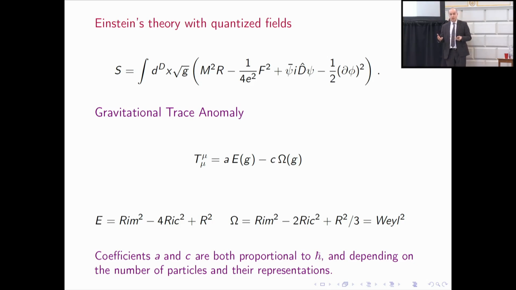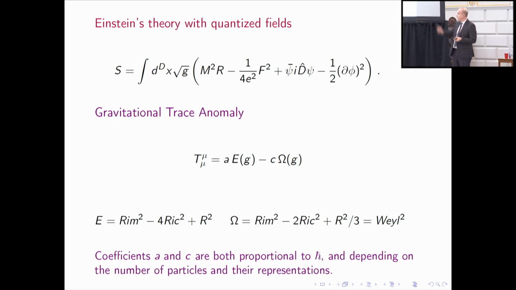However, once you go into the loop calculation, you will discover that it's not traceless. On the right-hand side, you will get something which is, in general, pretty complicated. These terms are known and named. The first one is called the A term. So it's a coefficient A, little a, multiplied by Euler density.